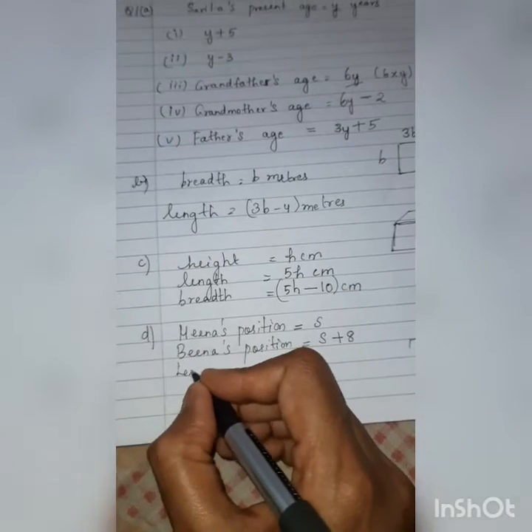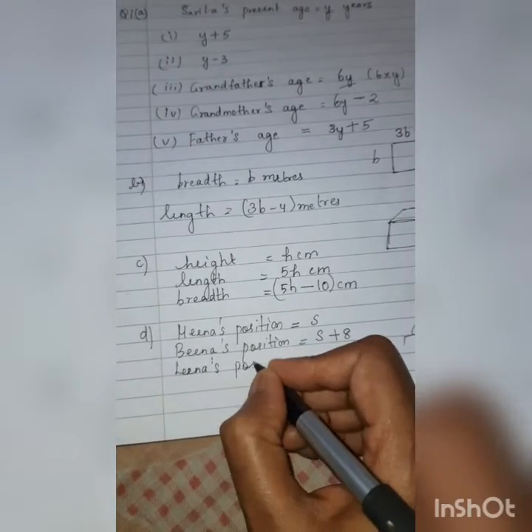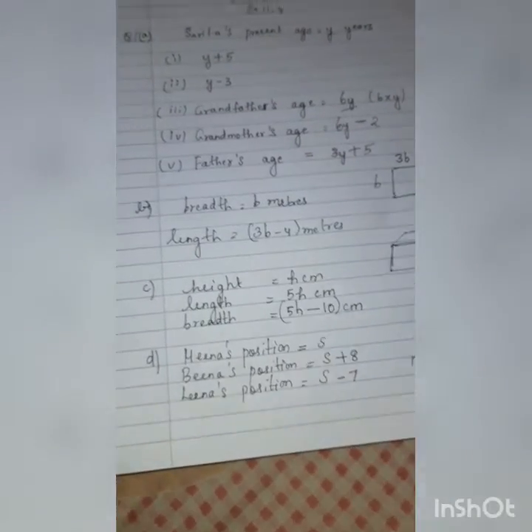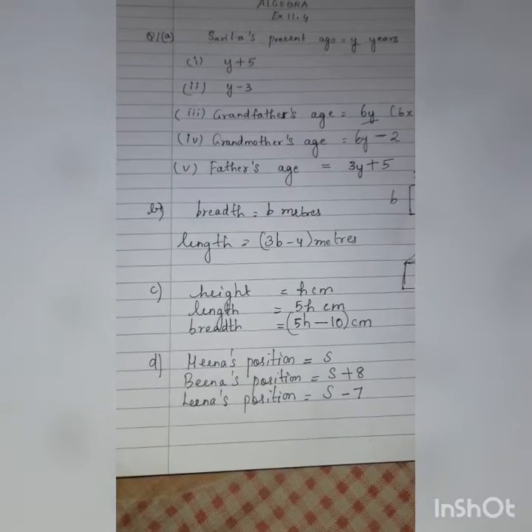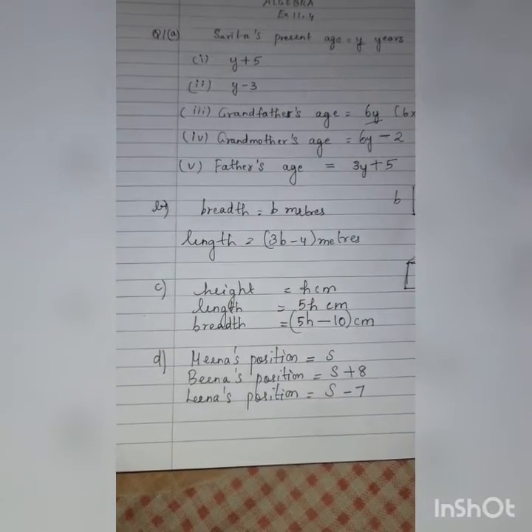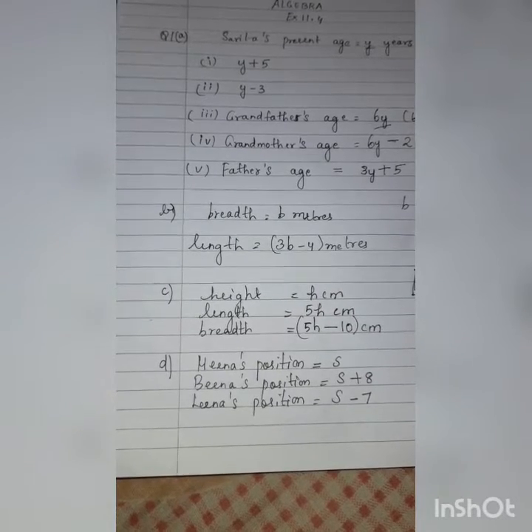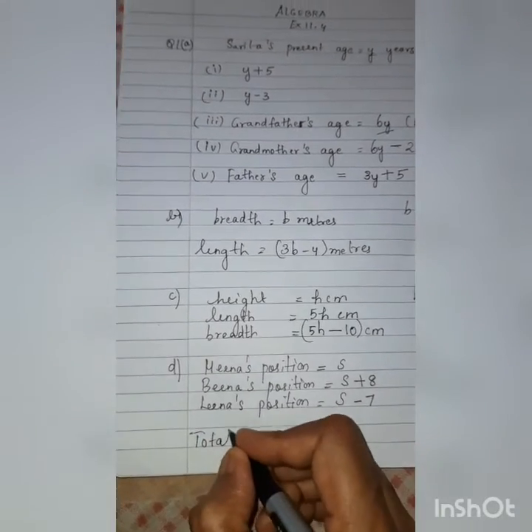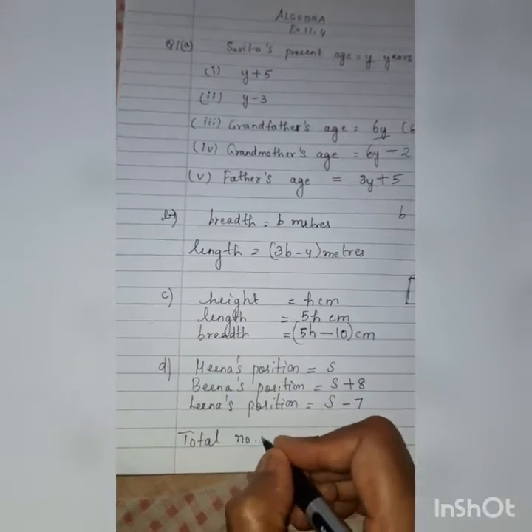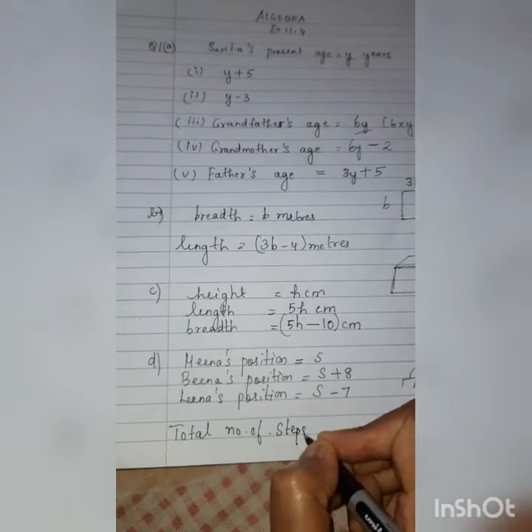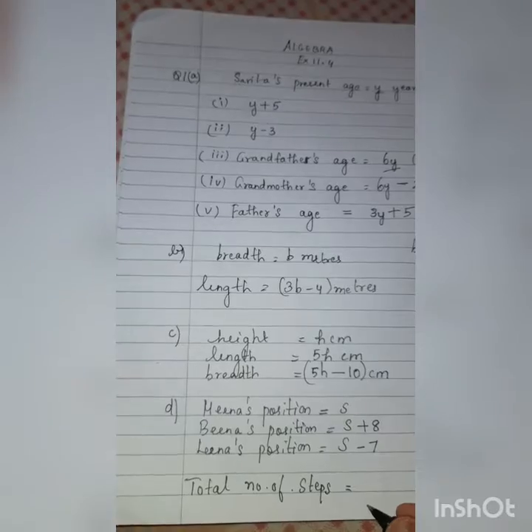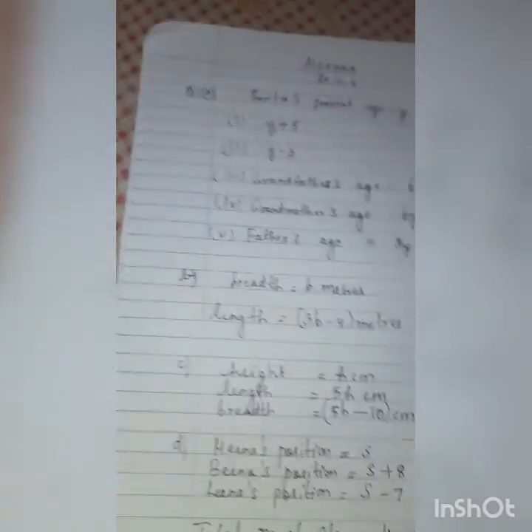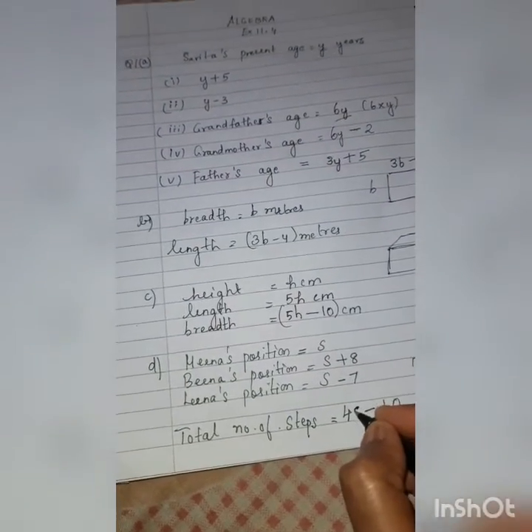Leena is 7 steps behind, so Leena's position is s minus 7. The total number of steps to the hilltop is 10 less than 4 times what Meena reached. So the total number of steps is 4s minus 10.